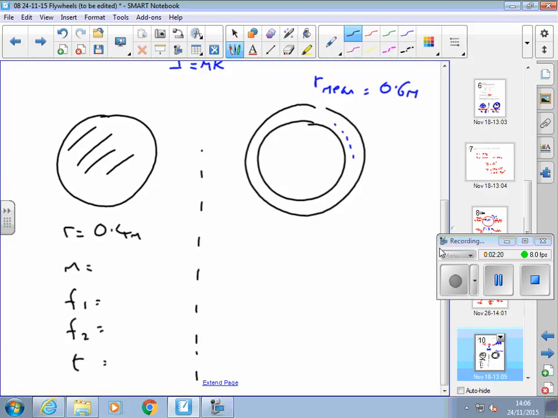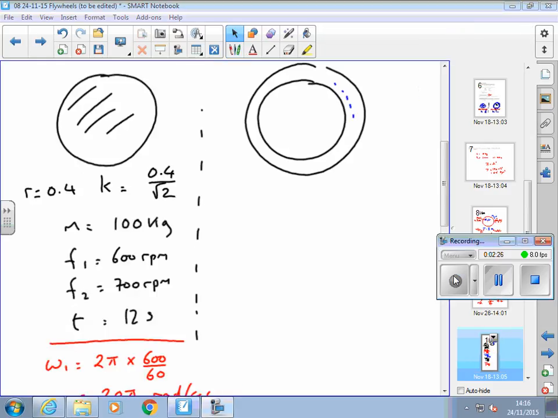So we can put in those values, and then we can think about calculating what we need. So for the solid flywheel, we know what we've got, the mass, the frequency, and the time. If I know the radius, I can quickly work out the radius of gyration for a solid flywheel. It's just the radius over root 2. So I've got that information.